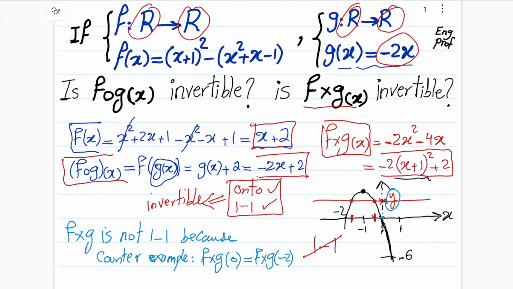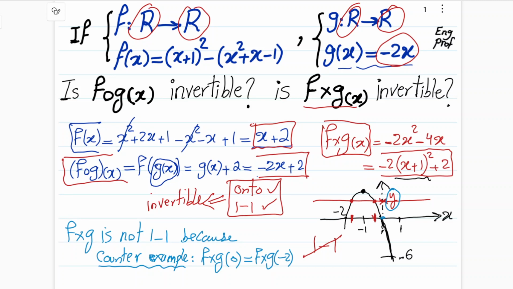In the one-to-one scenario, you never want two different values of x from the domain mapped to the same value in the codomain. Therefore, this is not one-to-one for the reason illustrated by this counterexample. This counterexample serves as a proof. Okay, so that's one case.